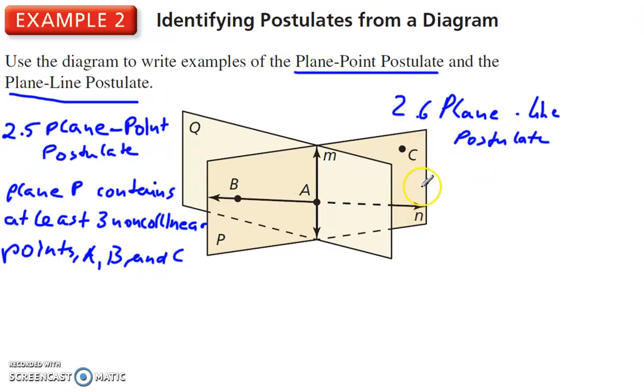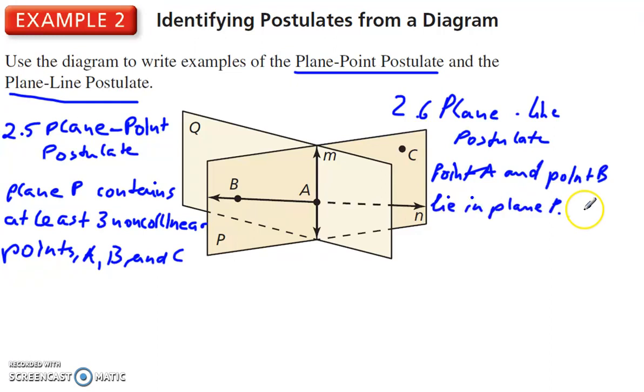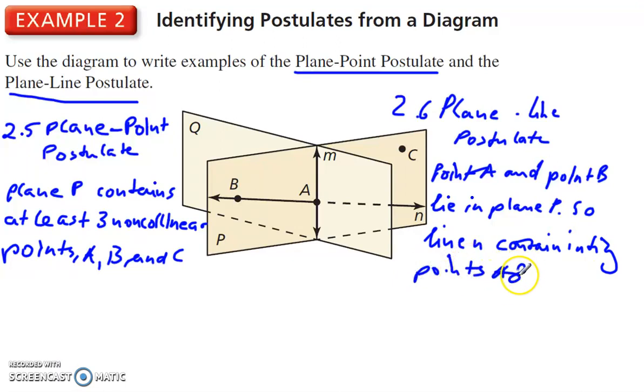Point A and point B lie in plane P. So line N, containing points A and B, also lies in plane P. There we go.